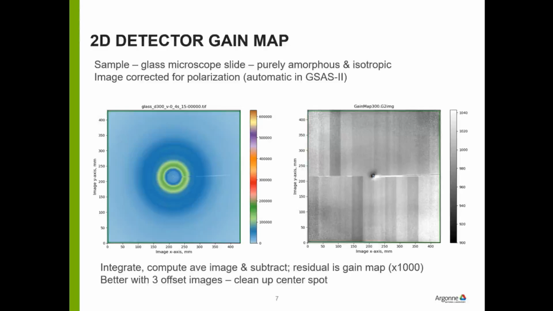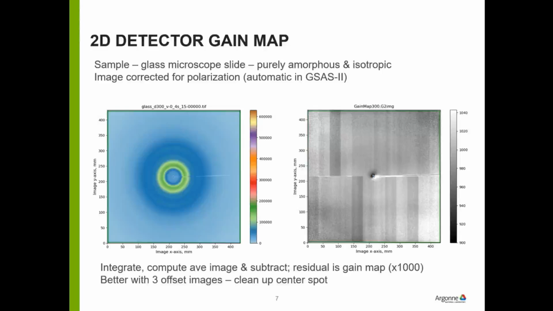They may be a little tilted a little bit. And again, you start with this glass microscope slide image, because the thing you know about this is because it's purely amorphous, this should be uniform around the azimuth. Okay, there's going to be a variation this way, but it should be uniform around the azimuth.